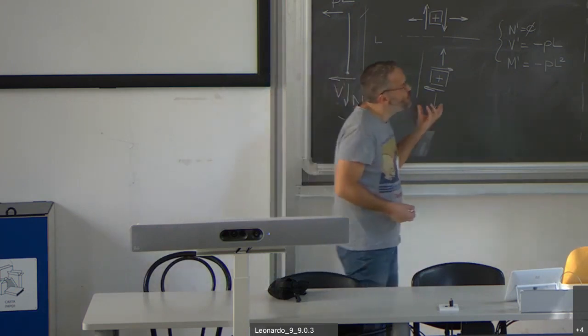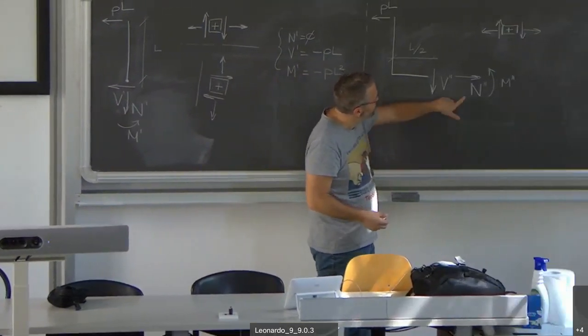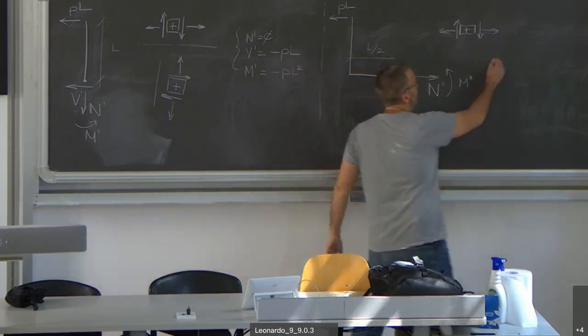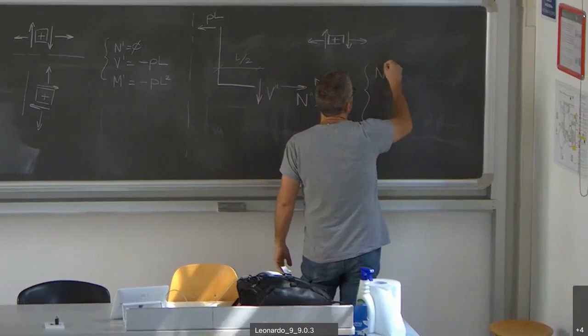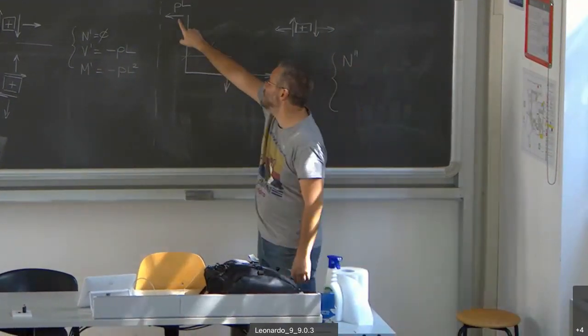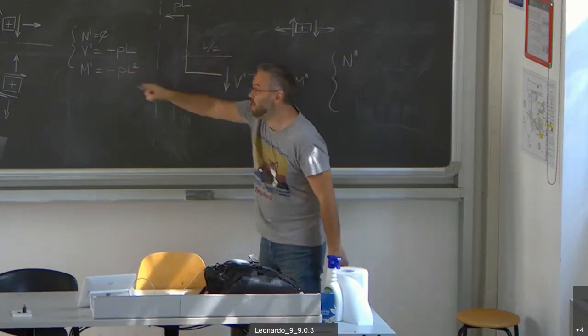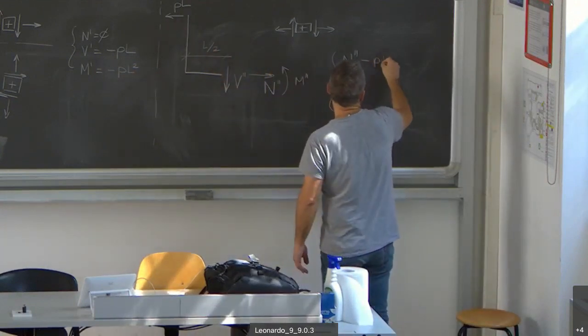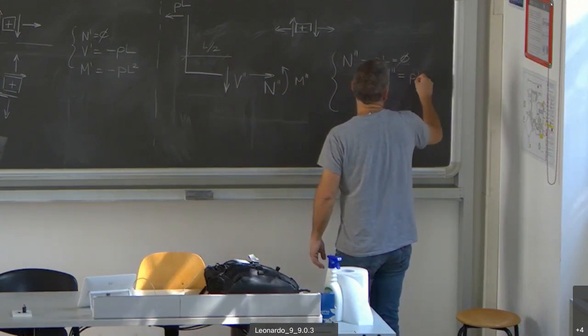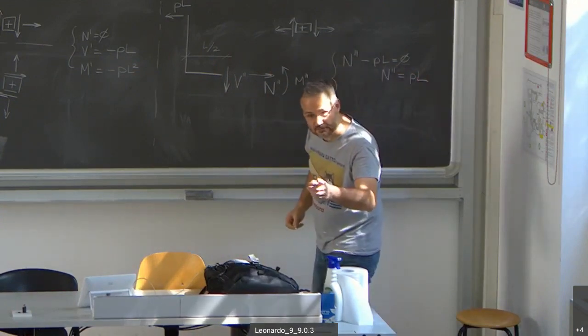For example, what is the basic change in this case? If I write N second, the equilibrium for N second, what will it look like? N second to the right minus PL to the left equal to 0. N second equal to PL. So tension.